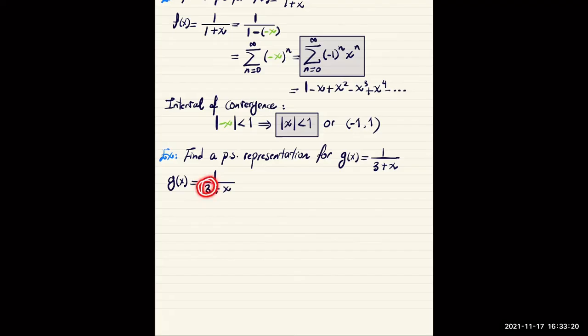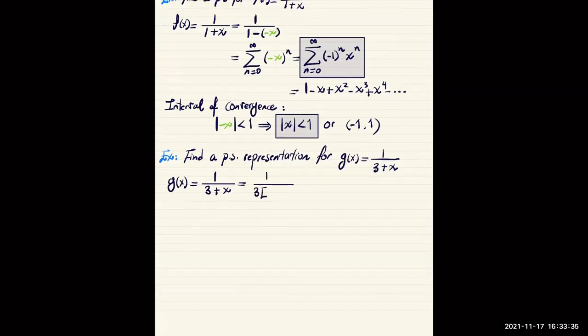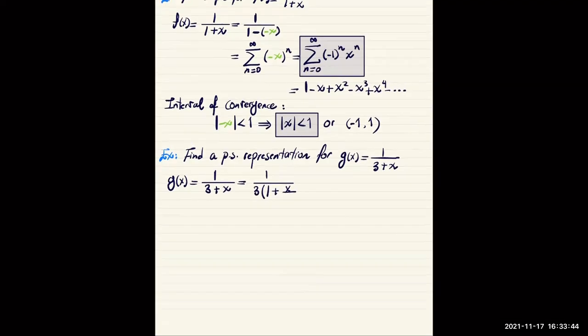We can factor this 3 out so that this term becomes a 1. I could rewrite that as 1 over 3 times 1 plus x over 3 when you factor out. And I also want this to be a minus.